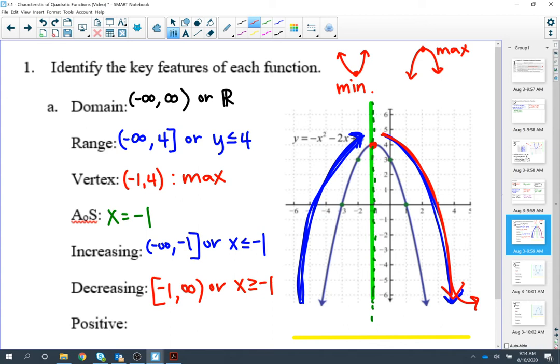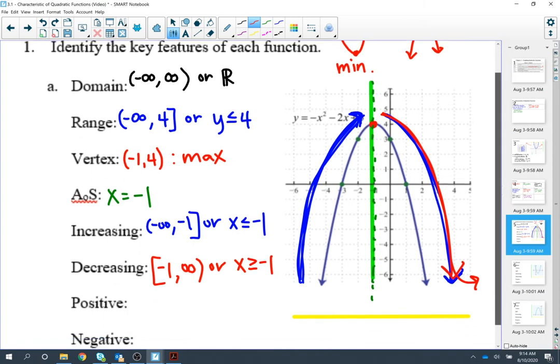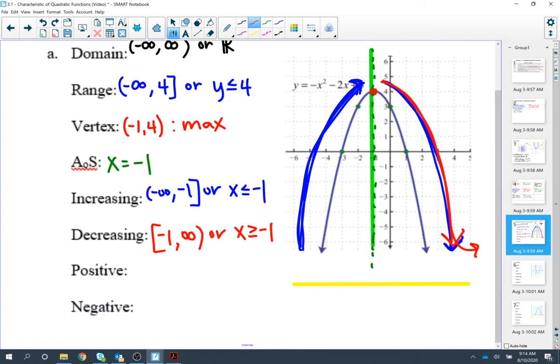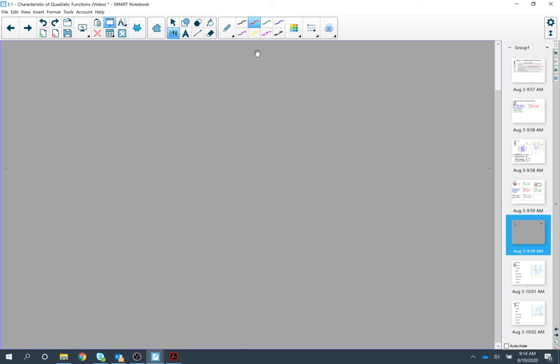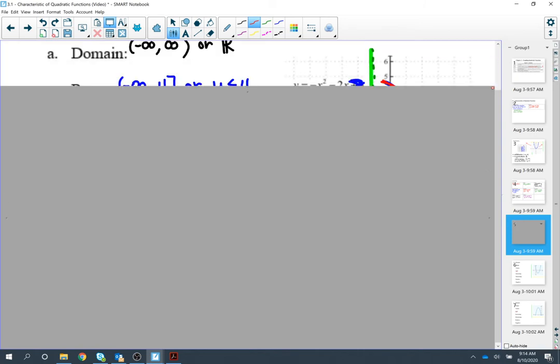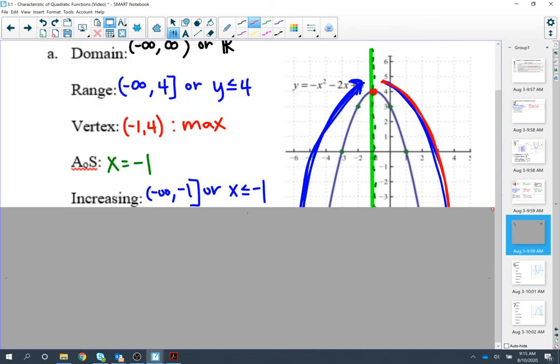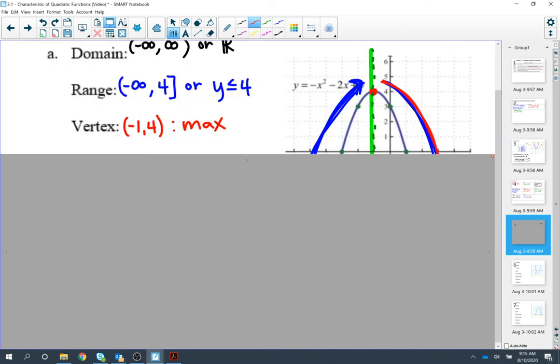Last but not least, we have to look at where our graph is positive and where our graph is negative. So positive, I said, was above the x-axis. So let me see if I can find my screen shade. There is my x-axis. So above that is where my graph is positive. So positive is from here to here.